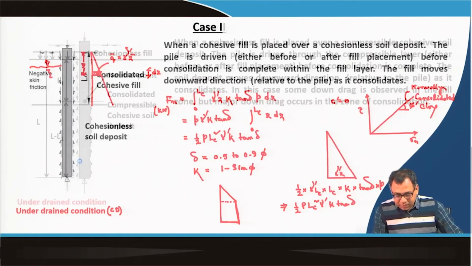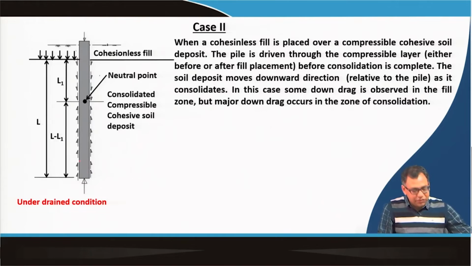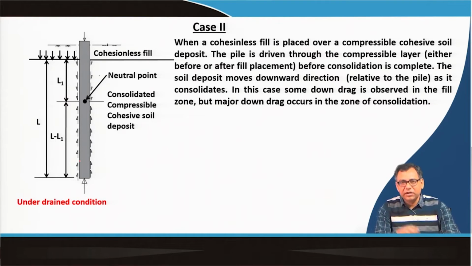Okay, next one, the second case, which is very crucial. In the second case, the cohesionless fill is placed over a compressible cohesive soil deposit. Suppose it is a very soft clay in which the pile is installed, where the consolidation is not completed yet and the soil is very compressible.